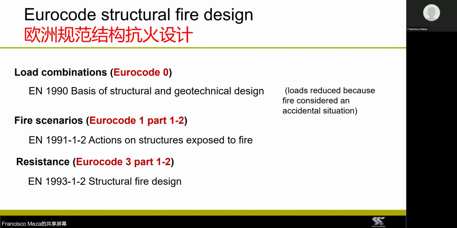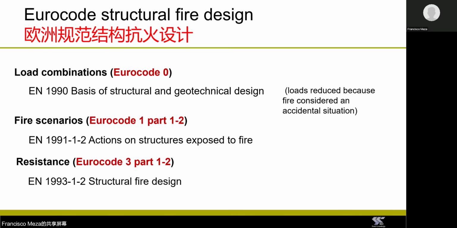Then we have Eurocode 1 Part 1.2, which tells you how to calculate the thermal action in your structural member, and also which fire model you should use depending on the application of the structure. And then we have Eurocode 3 Part 1.2, which tells you how to calculate the reduced resistance at elevated temperature.